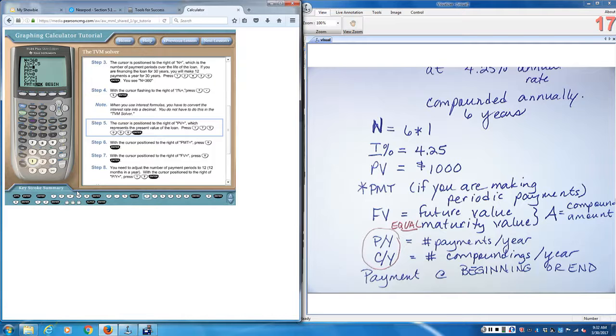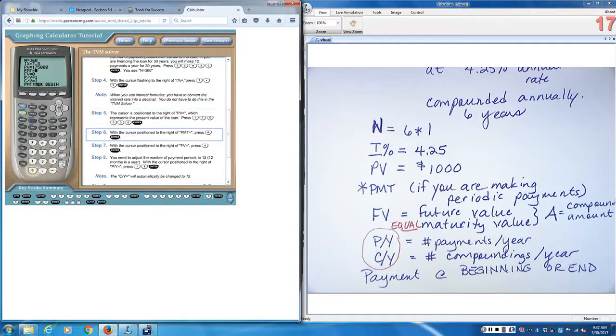And now you're on present value. Present value is what they're charging you for the house. It's what you borrowed. So that's the $175,000. The payment is what we're looking for. So we don't put anything in for that. We skip that. If it's blank, you put a 0 there.